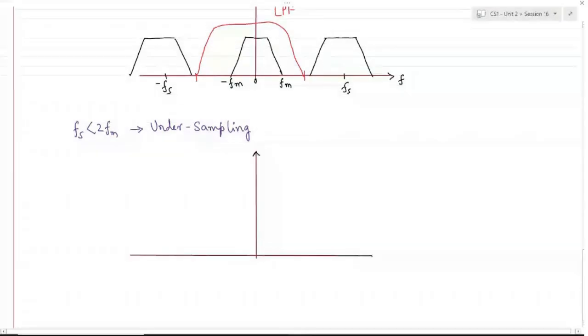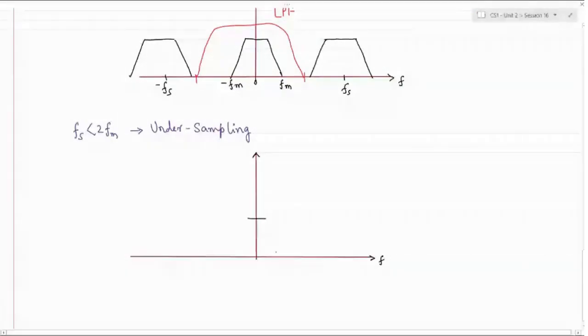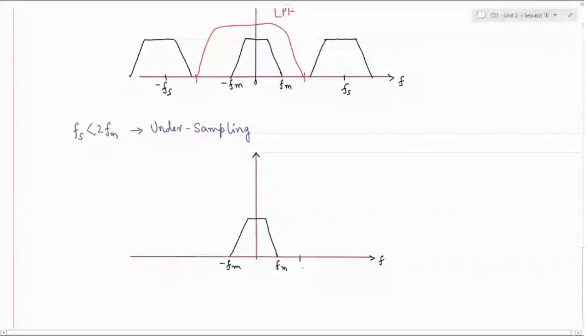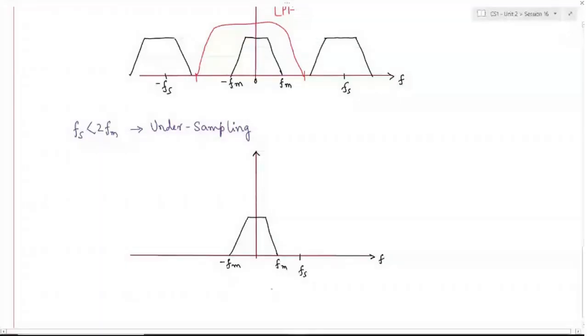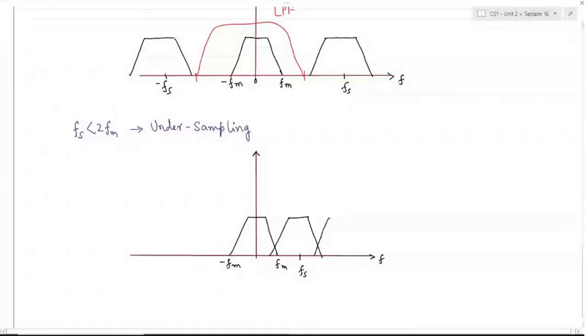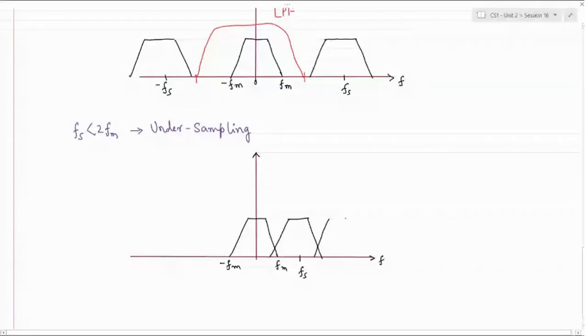So if this is f, this is my original information bearing signal, from minus fm to fm. Now this fs is less than twice fm, so definitely I will have my sampling frequency somewhere here. So the replicas will try to overlap with one another. Similarly, that will happen in the negative side as well.